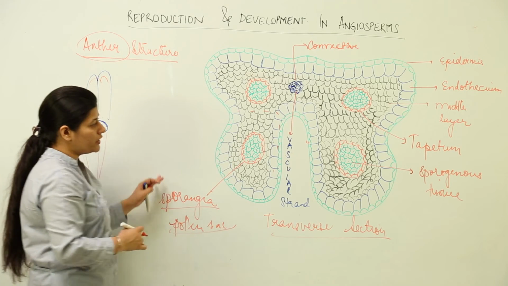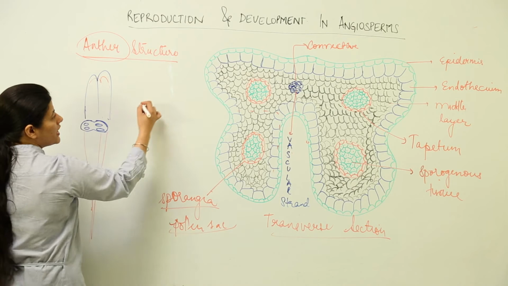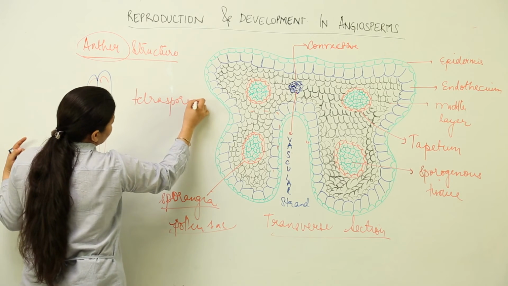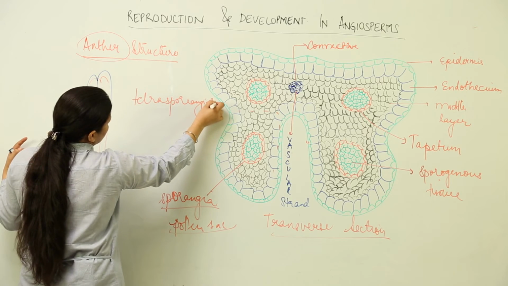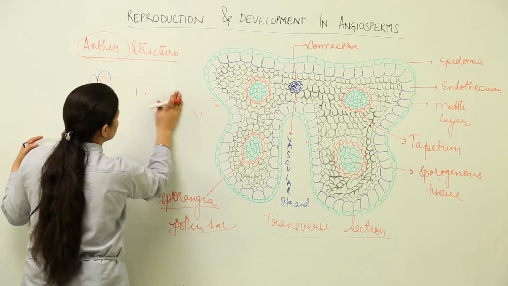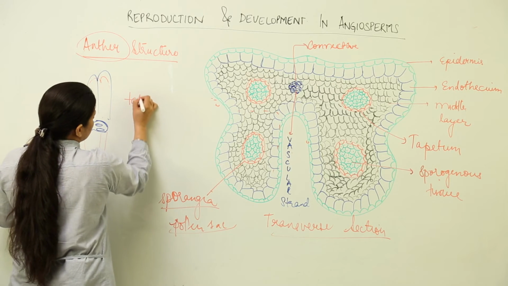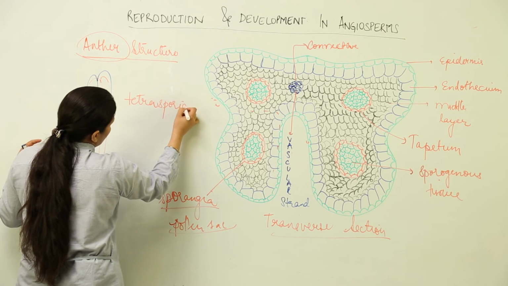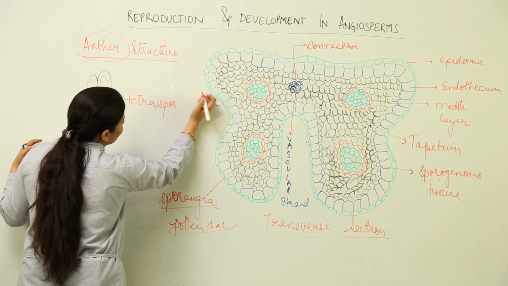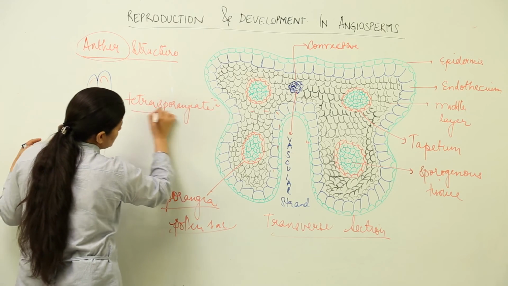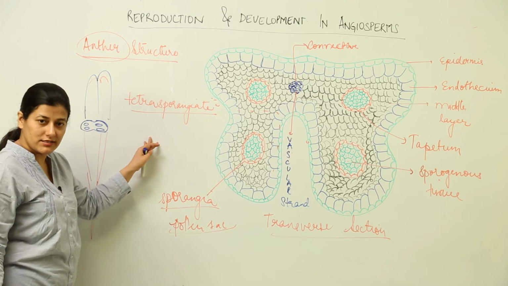So what you see over here is that anther is tetrasporangiate. You have to remember this. Tetra for 4, sporangia, and here I am writing it wrong, tetrasporangiate anther is there.